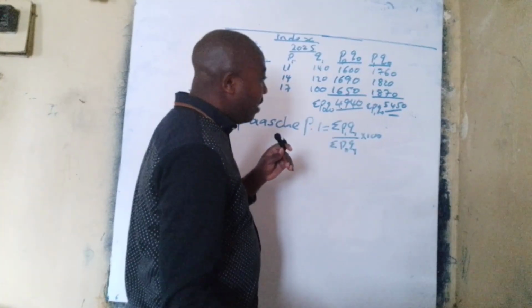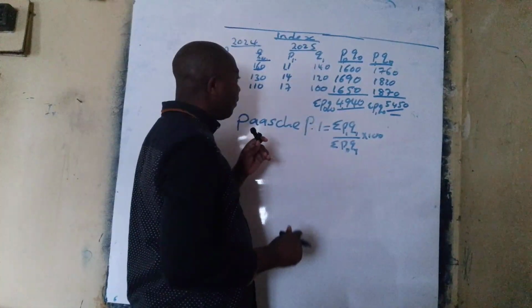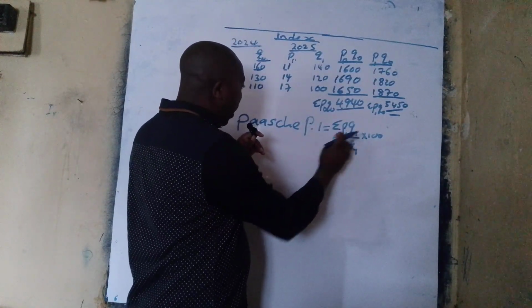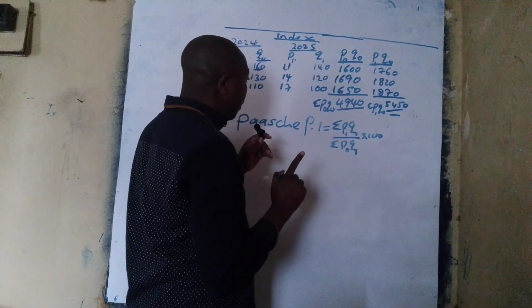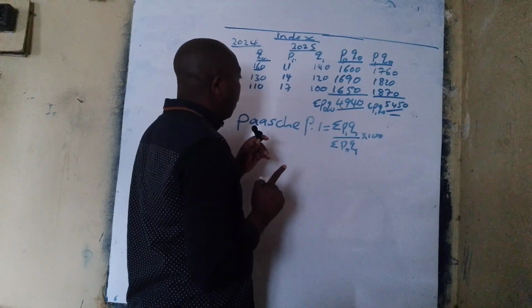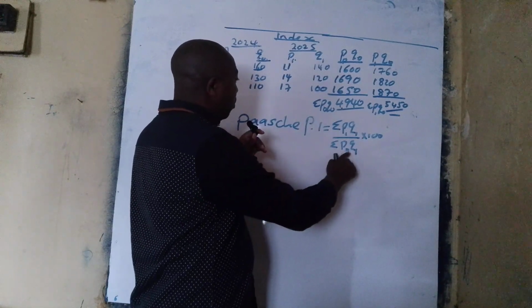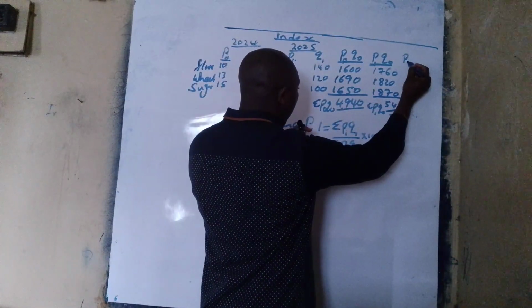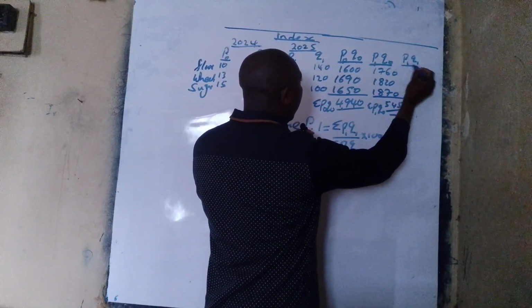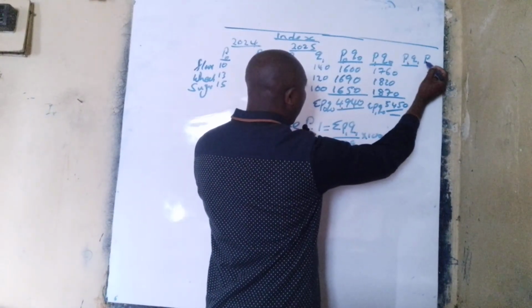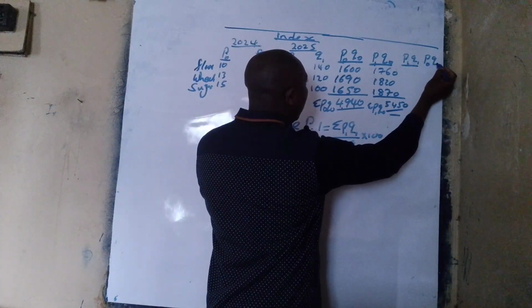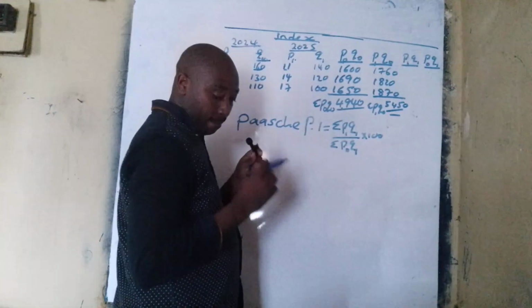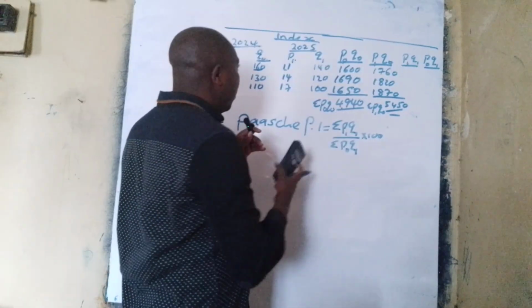So now we have to introduce another column here for P1Q1, and add P0Q1. There we are. Let's move.